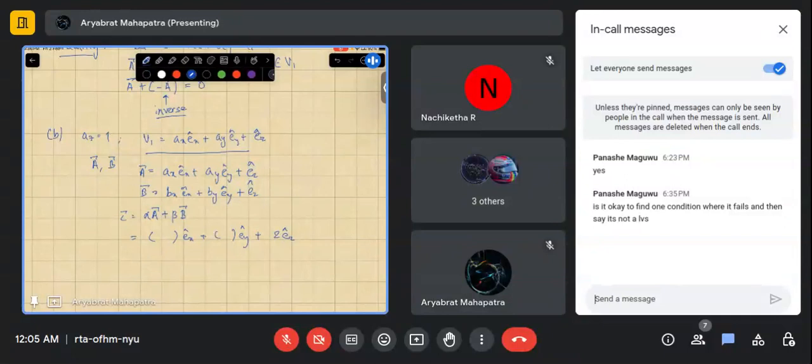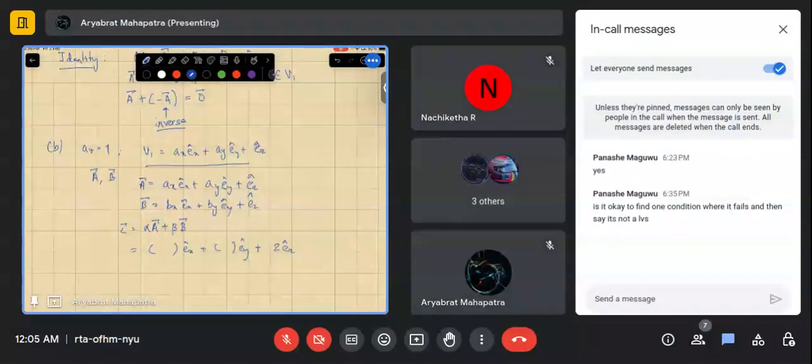The third component, here you can see, we set az equals to one. So you shouldn't get this az to be two. But in this case, this az is two.